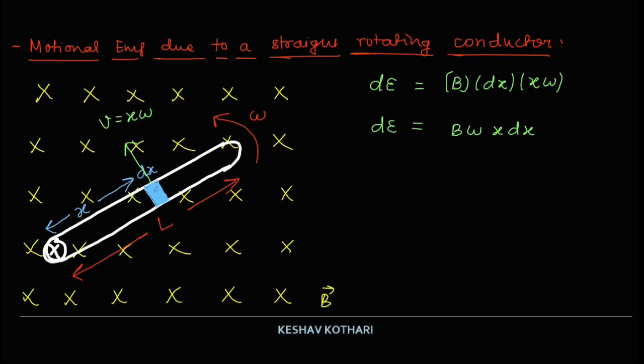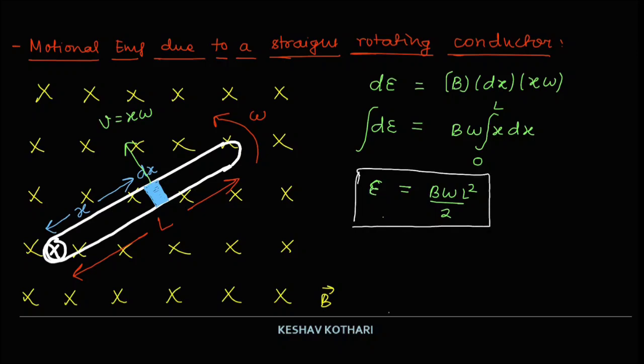And if we integrate along the entire length of the conductor from 0 to L, then we get that the value of EMF induced will turn out to be B omega L square by 2. So the value of EMF that is generated across the ends of a rotating rod is B omega L square by 2.